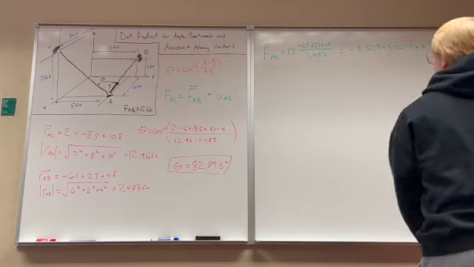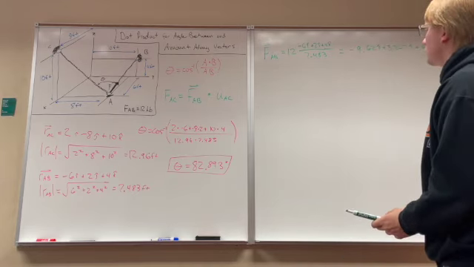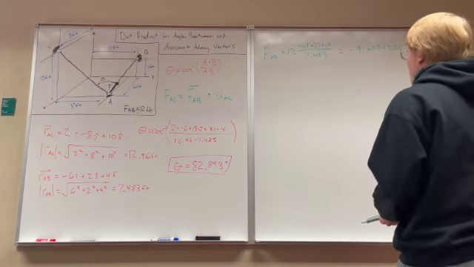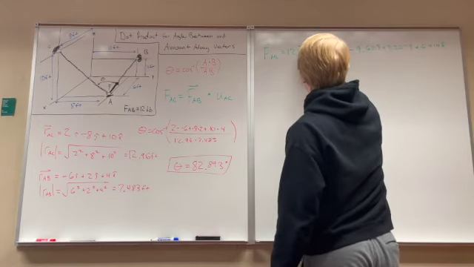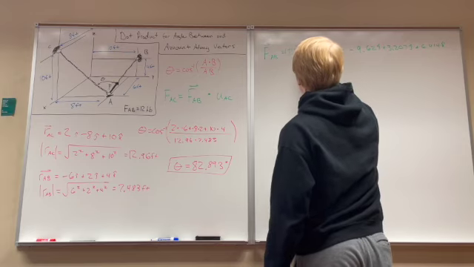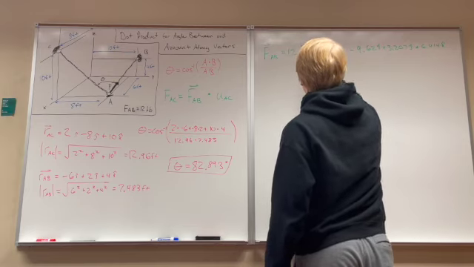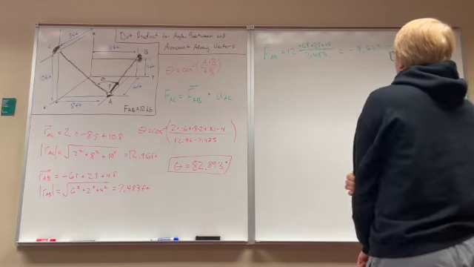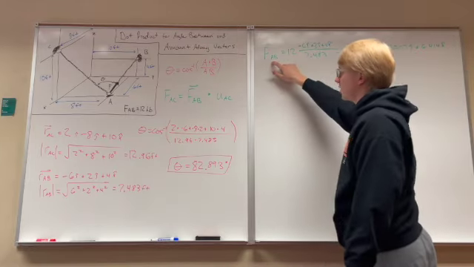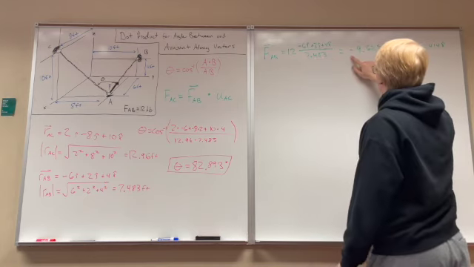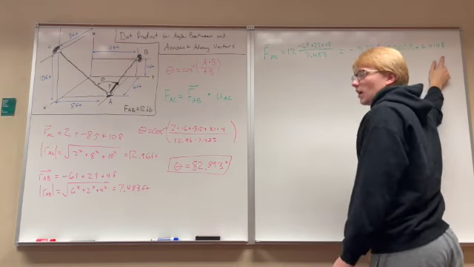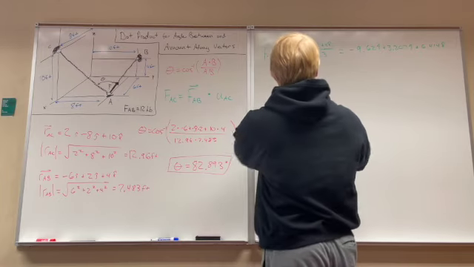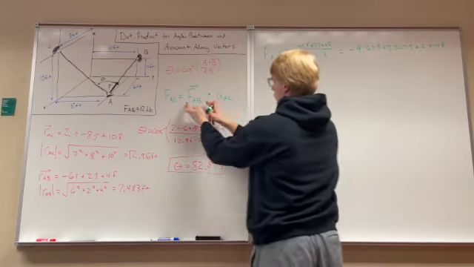Because you just do that by taking your -6 divided by your 7, times 12, so your i hat, and then do that. It's this number times 12 over 7, this number times 12 over 7, that number times 12 over 7. That gets you those three. And this is vector form, so you're going to have an i hat, a j hat, and a k hat still. And so that right here is the first part of our equation.